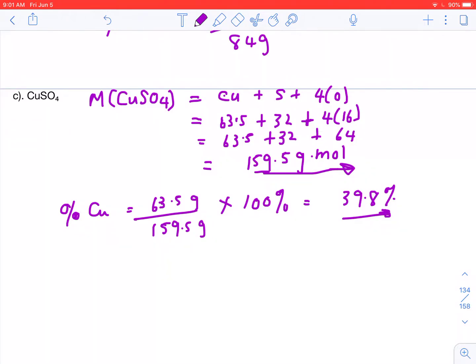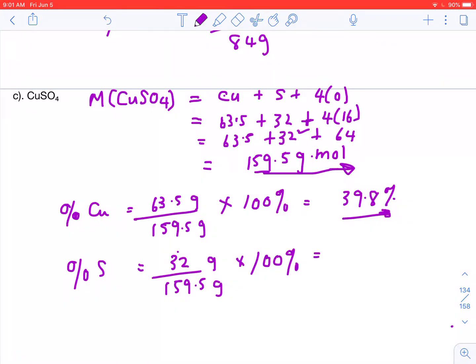And for the percentage of sulfur, there we have 32, so it's 32 upon 159.5 grams times 100%, which gives us 20.1%.